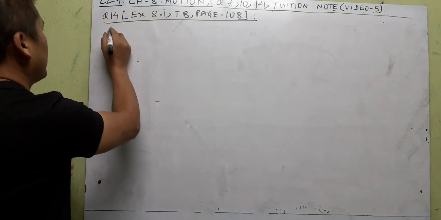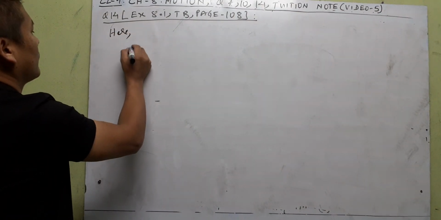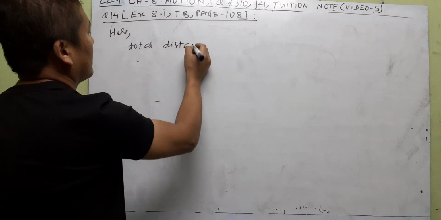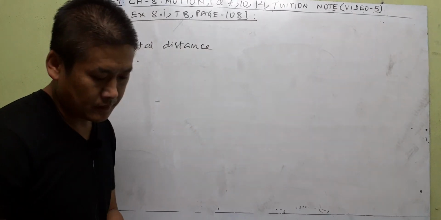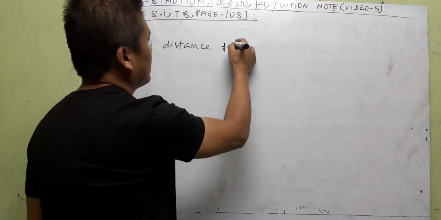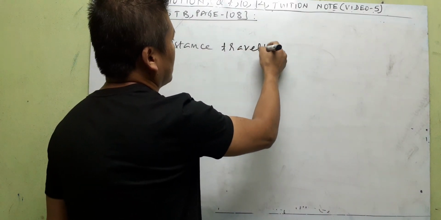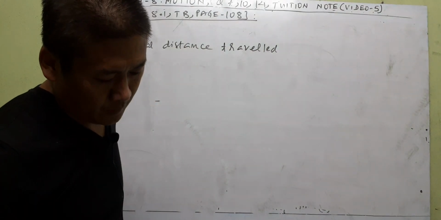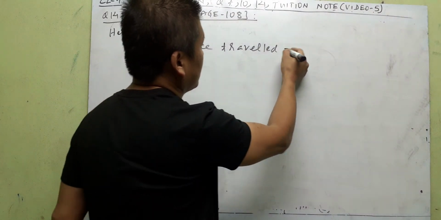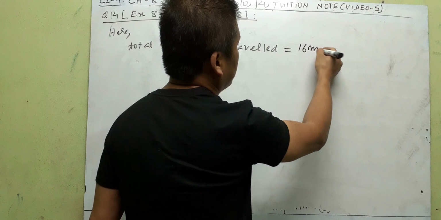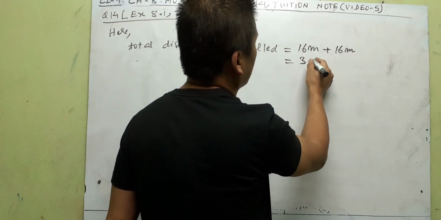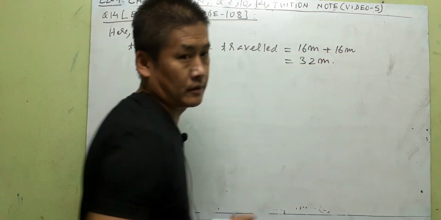So as we read the question, write along with me, total distance traveled is equal to 16 meter in the first 4 seconds and another 16 meter in the next 2 seconds. So that is 32 meter total distance.